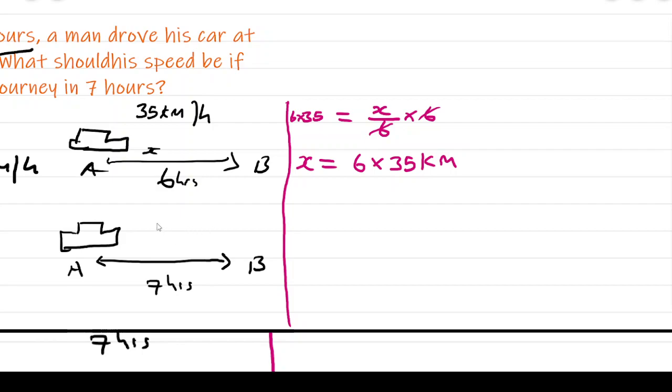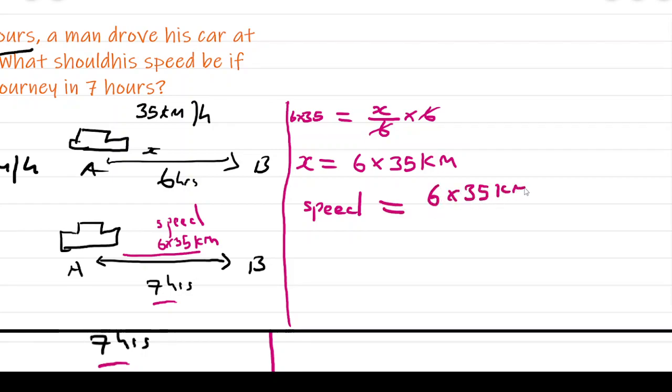And then now, what is the speed going to be? If he still travels the same distance of 6 times 35 kilometers, but now in 7 hours, well, this speed will be the distance he traveled, which is 6 times 35 kilometers, all divided by the 7 hours he is doing the journey.